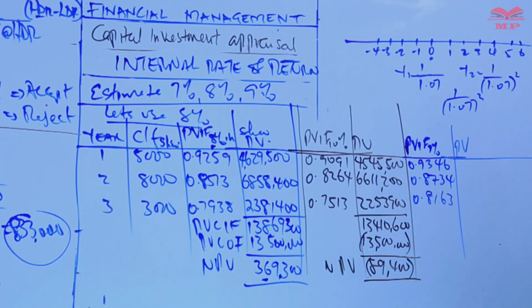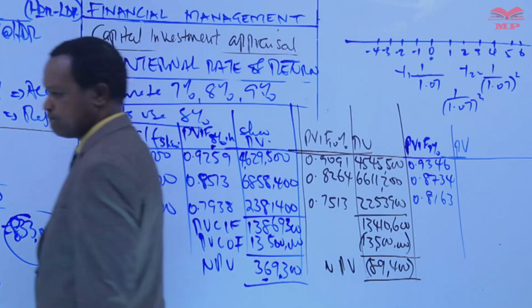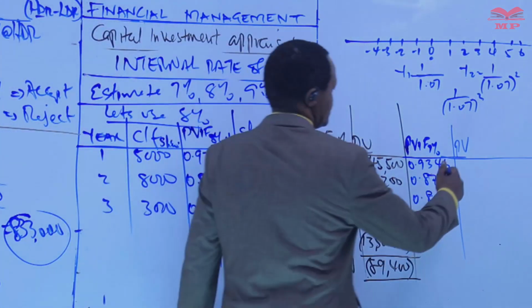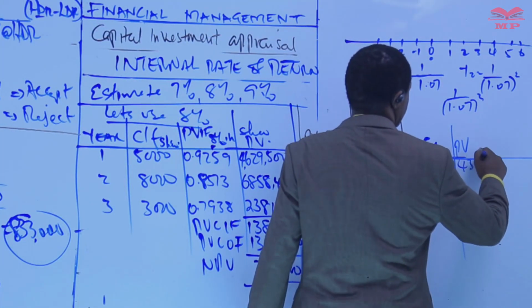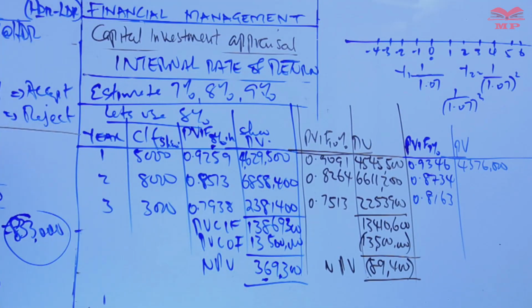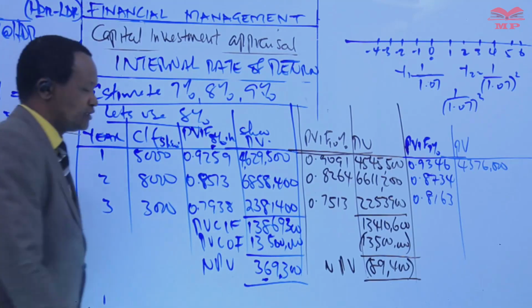Present values. Year 1, $43.76. Year 2, $69.87.